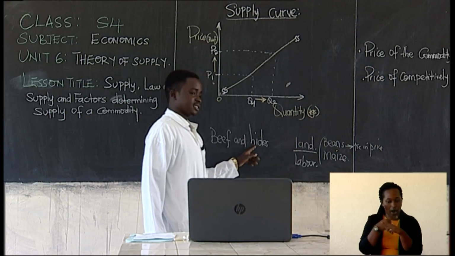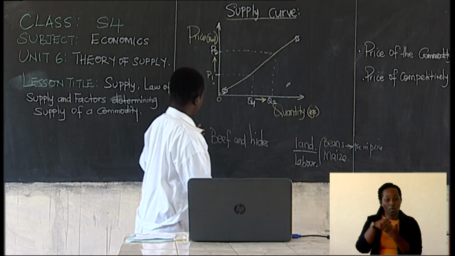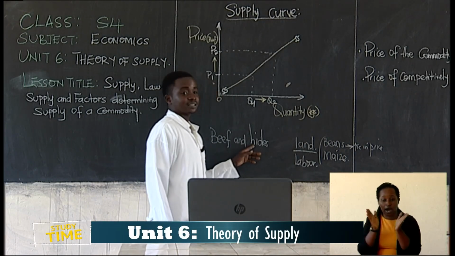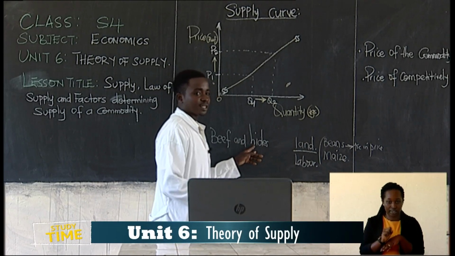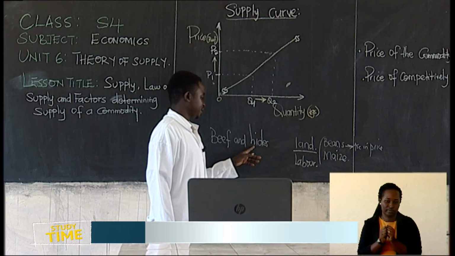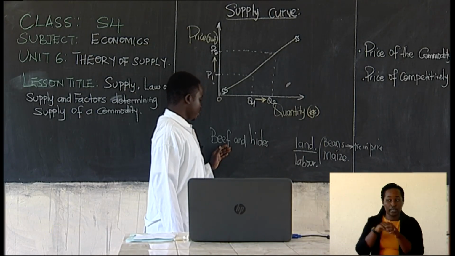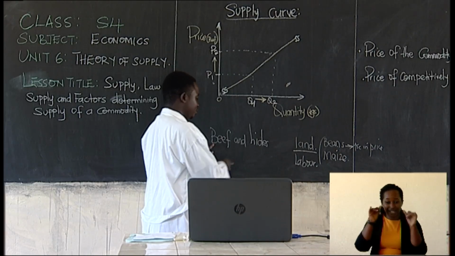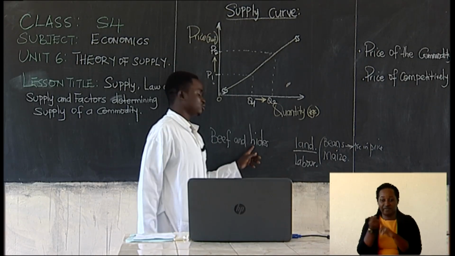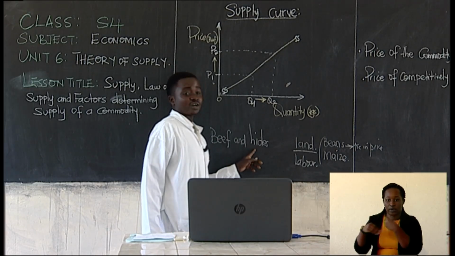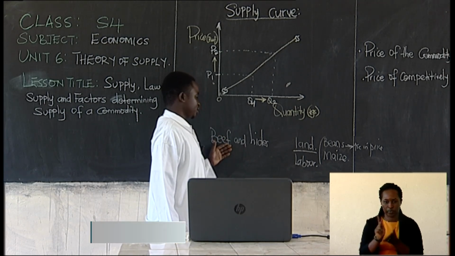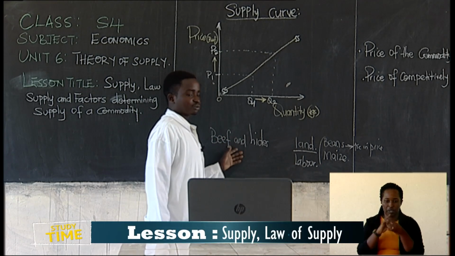Beef and hides. Because the production of beef affects the production of hides. They are produced together. Joint supply. So in this case, what affects beef will eventually have an effect on the supply or on the production of hides. So now let's look at the price of jointly supplied products.